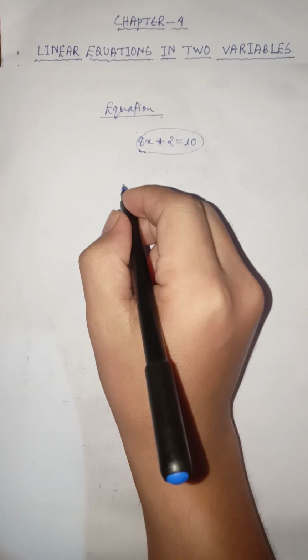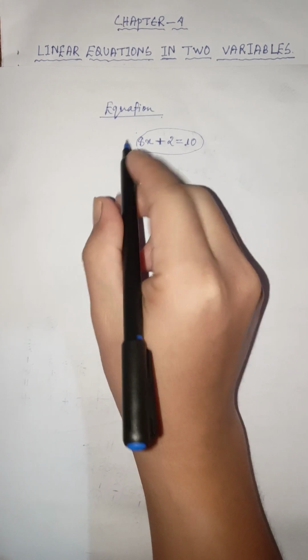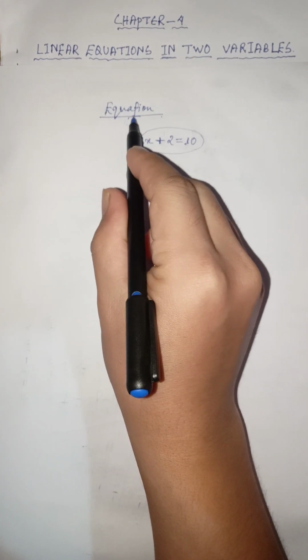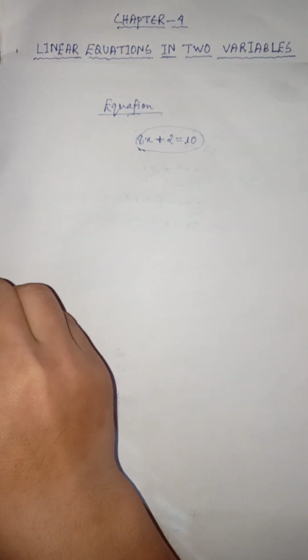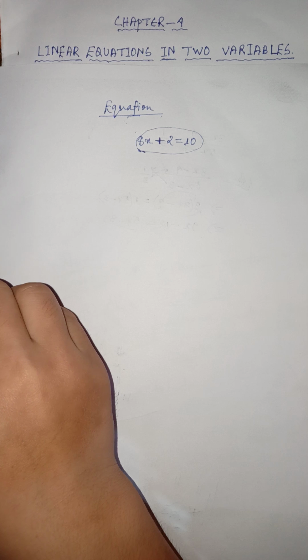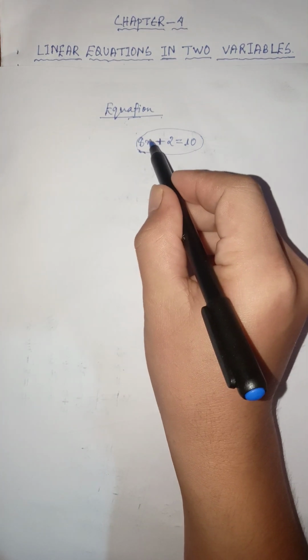Next we have linear equations. As we already understand equations, now we are about to move to linear equations. A linear equation simply means an equation in which its power is 1, right?